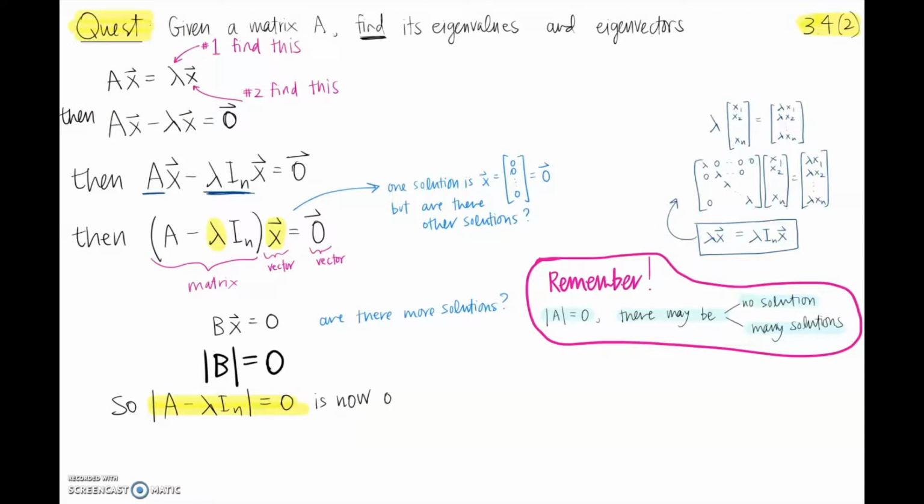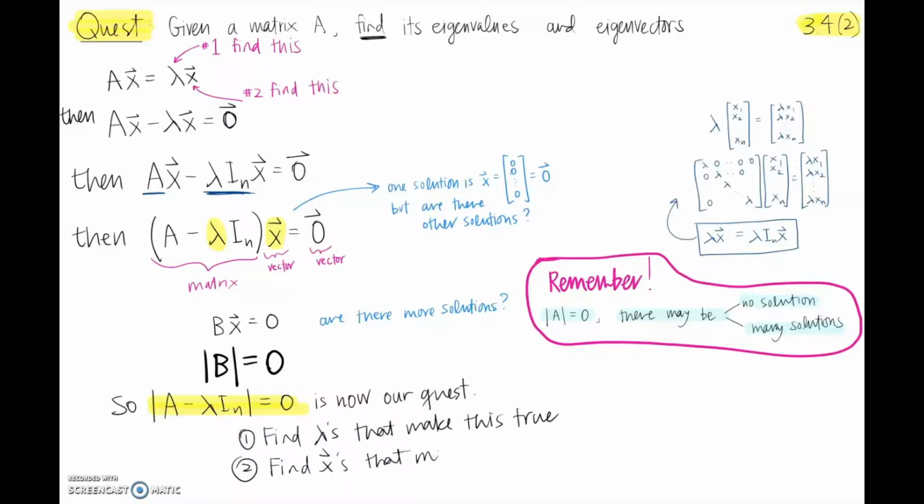This is now our quest, and we're going to first find the lambdas that make this true, and then, once we know what the lambdas are, we can go back and find those eigenvectors that make that true also.